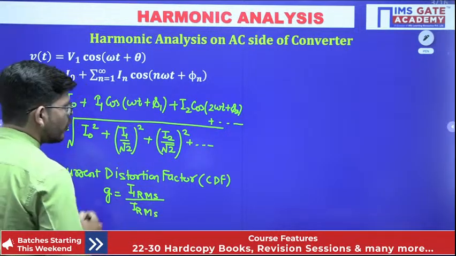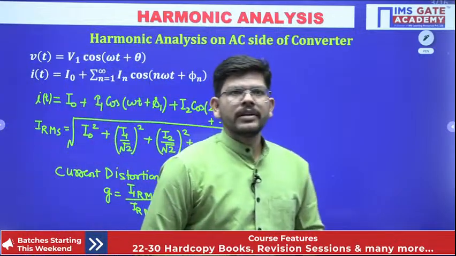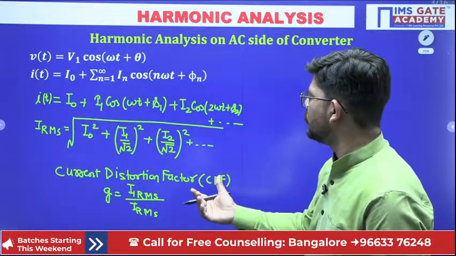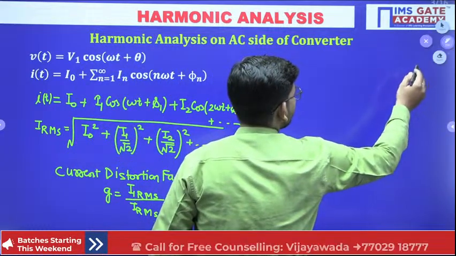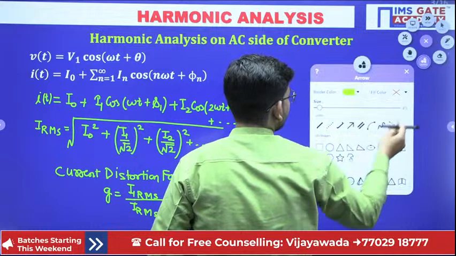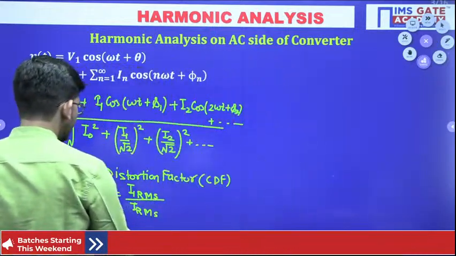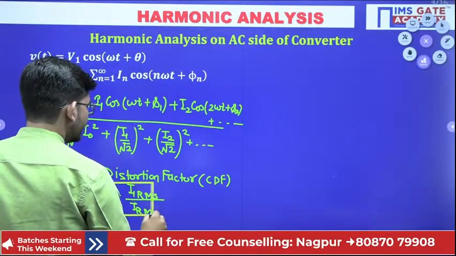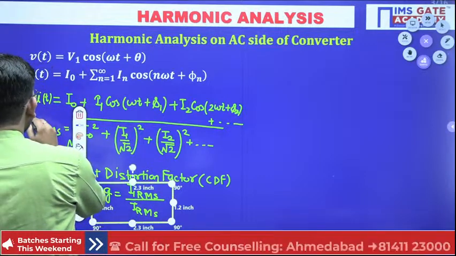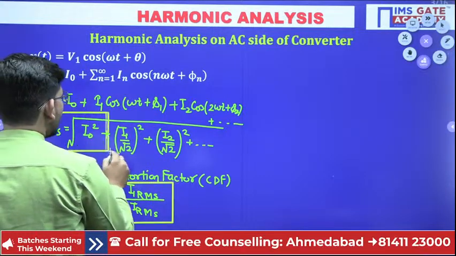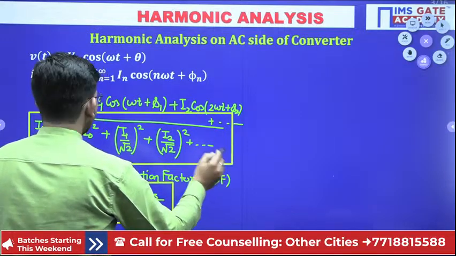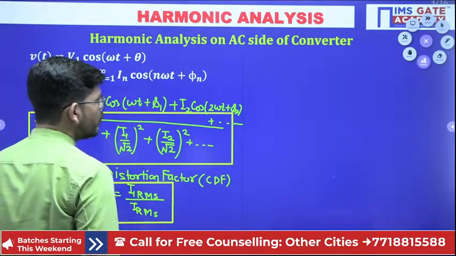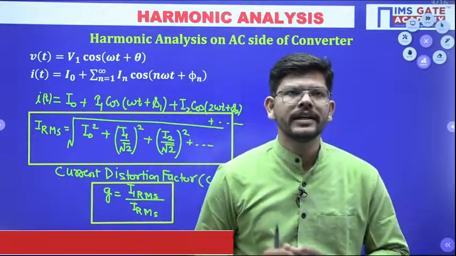This is how we obtained the value of G, the current distortion factor. This is what we derived yesterday, and this is how we calculate the RMS value of a current which has so many harmonic components present in itself.